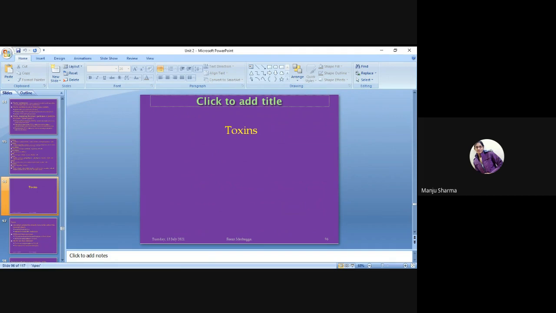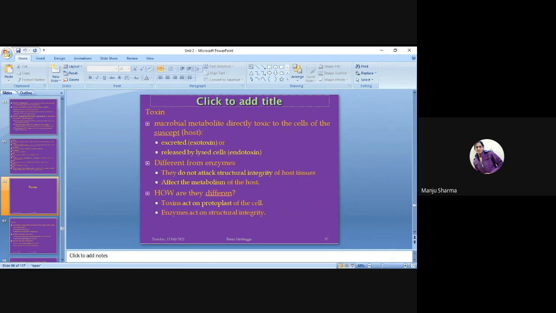After that, toxins. What is the role of toxins? First, a toxin is a microbial metabolite directly toxic to the cells of the suspect, that is, the host. They will be excreted, exotoxin, or released by the lysed cell, endotoxin. The difference is there; two words are there, one is excreted, another is released.